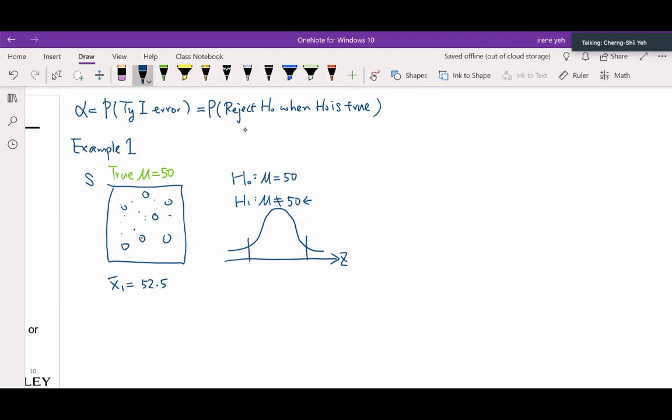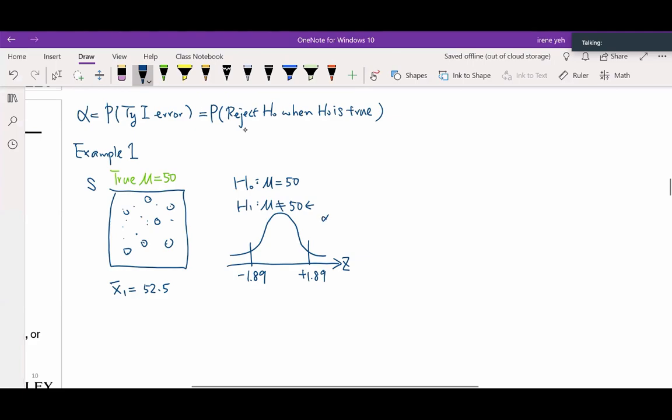So I'll just assume my 2 critical values are plus minus 1.89. How do we determine the critical value? We determine that based on our choice of alpha. So these 2 are my critical values.